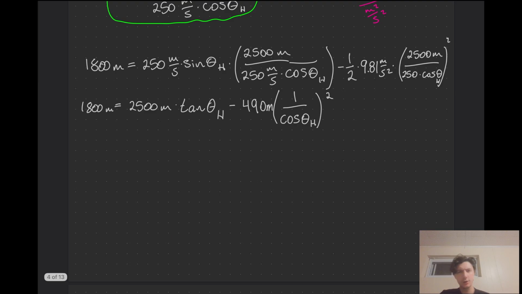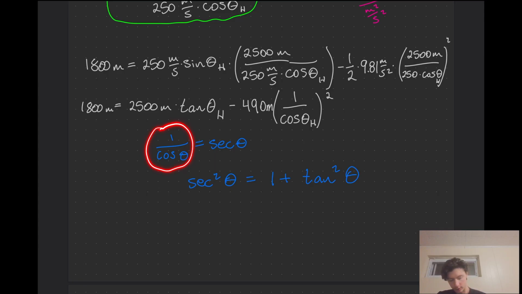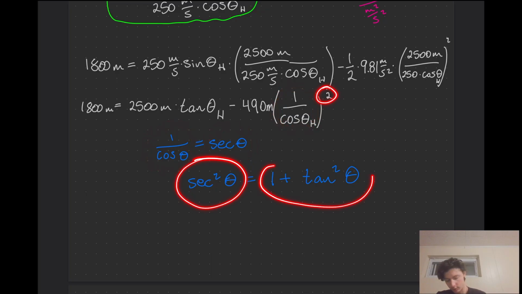All right, guys, interesting information. So I learned that cosine of theta, 1 over this, is equal to secant of theta. And there's this identity, which is secant squared of theta is equal to 1 plus tangent squared of theta. So basically, you can replace this 1 over cosine in here with secant, and then this secant becomes squared, and you can use this equation to replace that entire secant squared with 1 plus tangent squared.